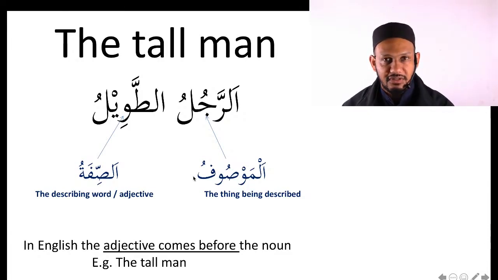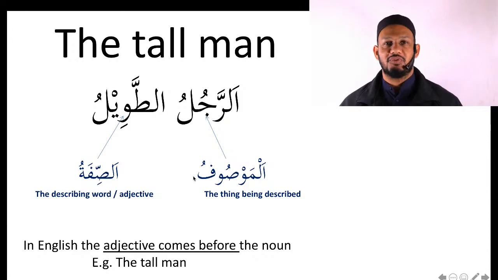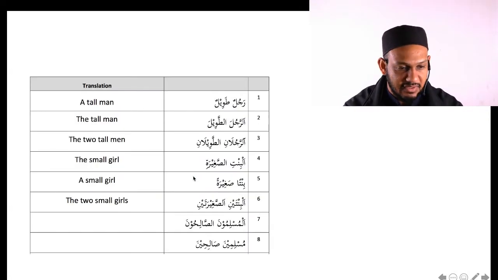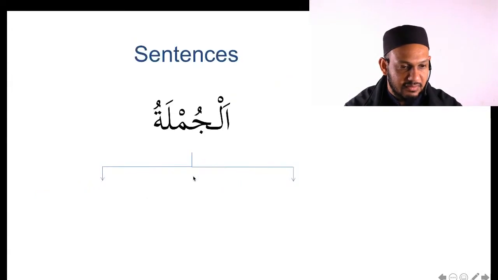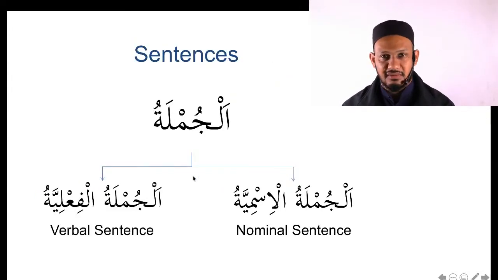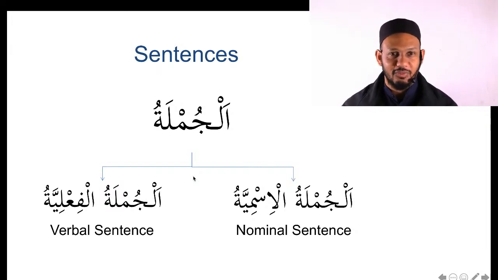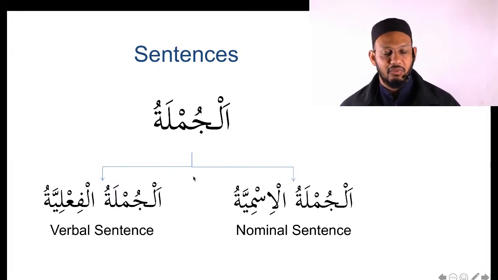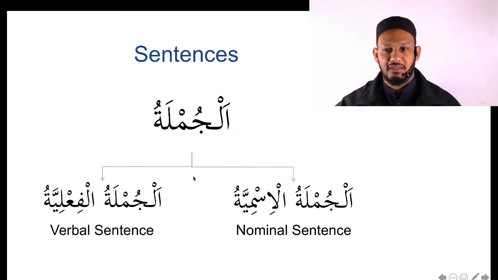So let me just take a pause for 1 second. We did jumlatul fi'liya, because sometimes students get confused and start adding more and more. But let's just keep it simple. When you think about jumlatul fi'liya, you think about 3 parts.